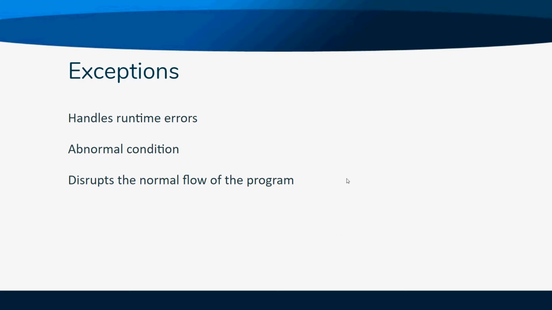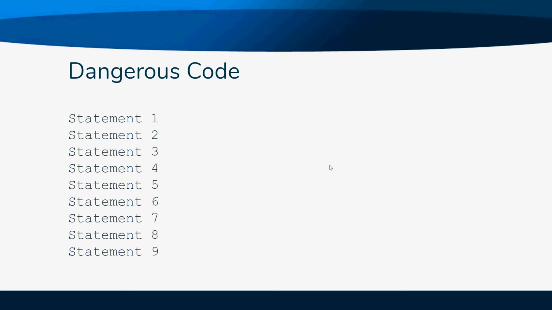Now, what exceptions do is they're just abnormal conditions. They might be logic, they might be user input conditions. It just happens. But what happens is it disrupts the normal flow of your program. Let me give you an example.